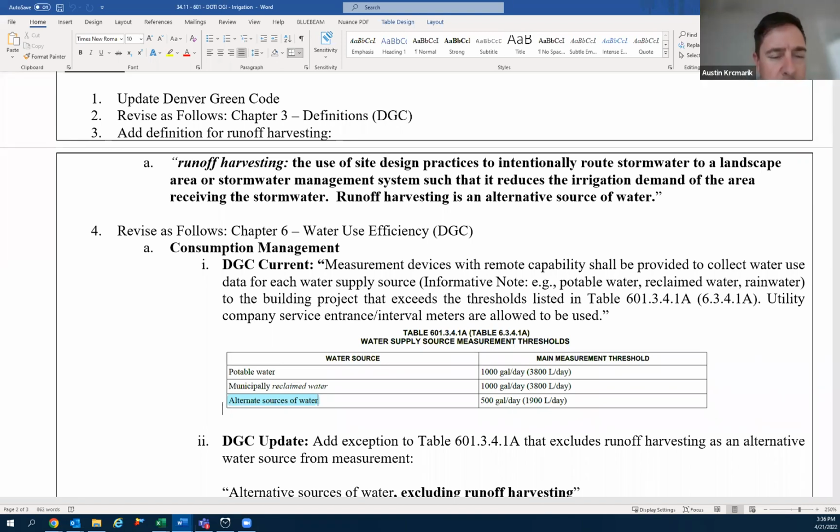Yeah, I was jumping in to say, I think we tried to get it this way. Hopefully Jeff's on as well, so that we could include gray water under alternate sources plus other sources that we hadn't thought of the last time around.